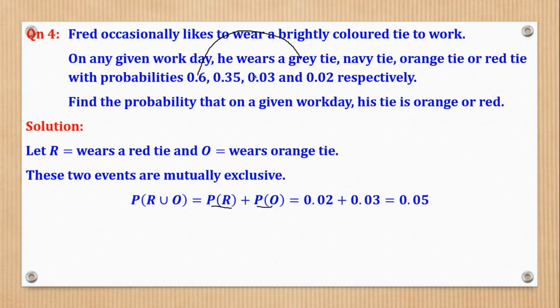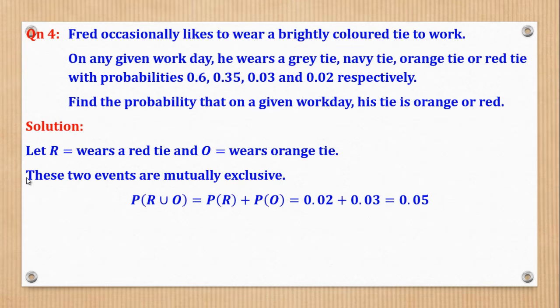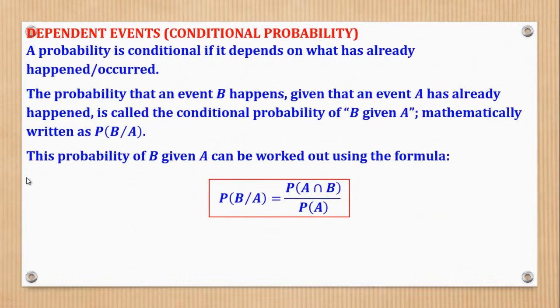Gray is this, navy is this, orange is this, and red is this. Therefore probability of red is 0.02, probability of orange is 0.03, so when I add the two I'll come up with 0.05. So that has been mutually exclusive events.